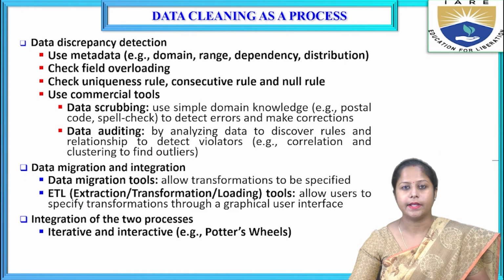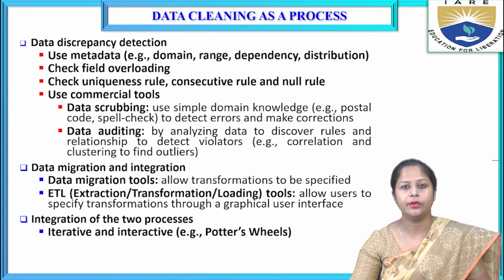Now, data cleaning as a process. So what is all the process behind data cleaning? Data discrepancy detection. Here we use metadata like domain, range, dependency, distribution. We have to check field overloading.